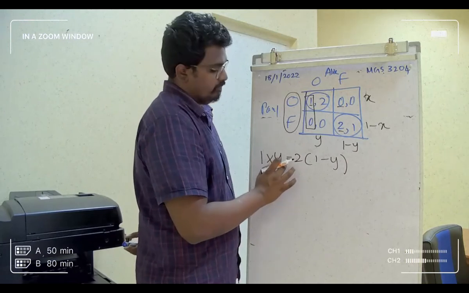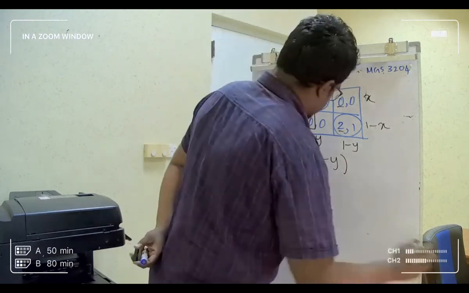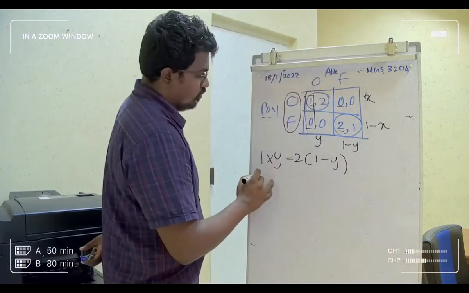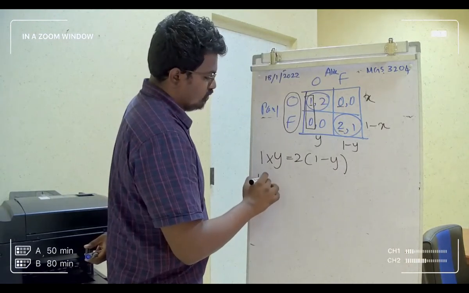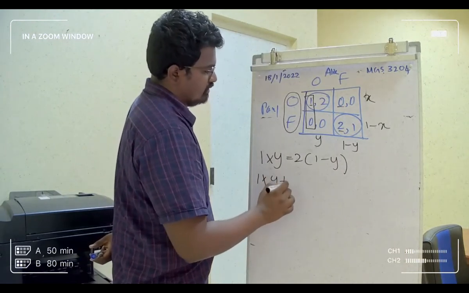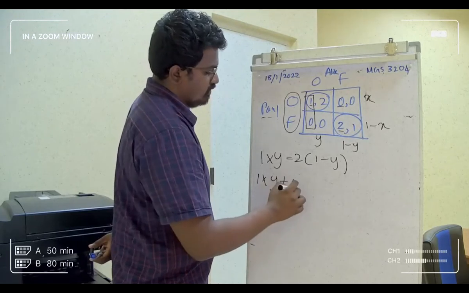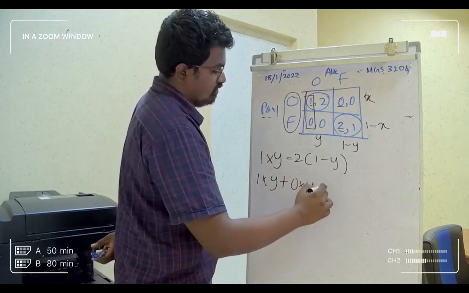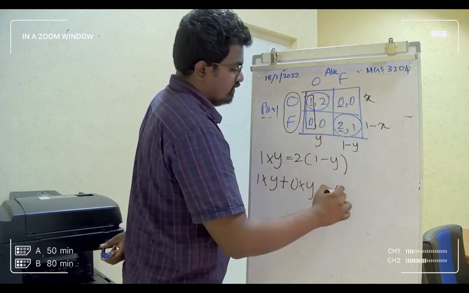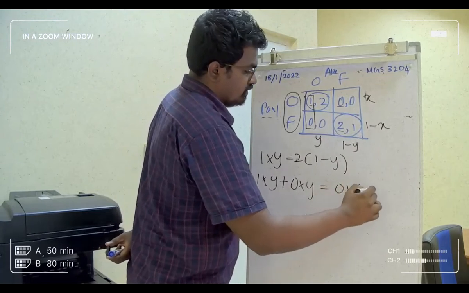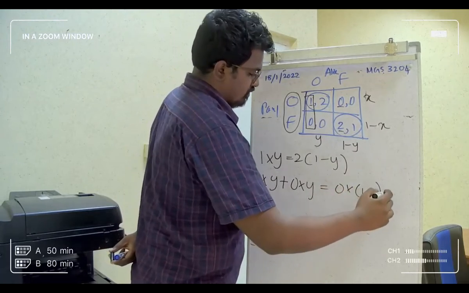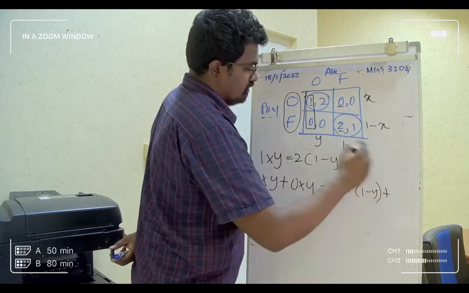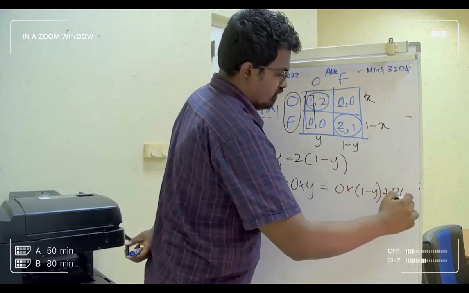So you can extend this like this: 1 into y plus 0 into 1 minus y equals 0 into y plus 2 into 1 minus y.